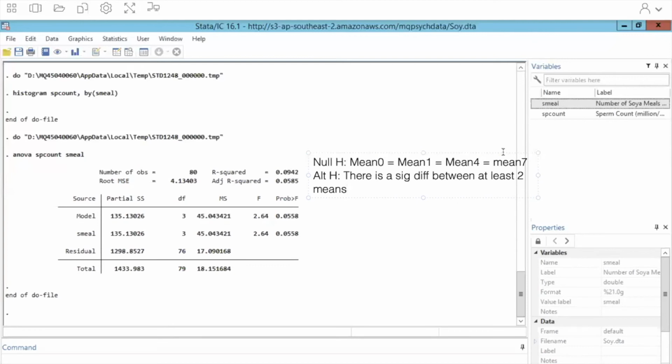Now, for these example data, we have an F of 2.64, degrees of freedom 3 and 76, and our p-value is 0.0558. So we have not technically met the cutoff of significance here. This p-value is telling us that there is no significant difference between any of these groups. All right, now what you could say is that these are marginally significant. You might see that quite a bit in journal articles.